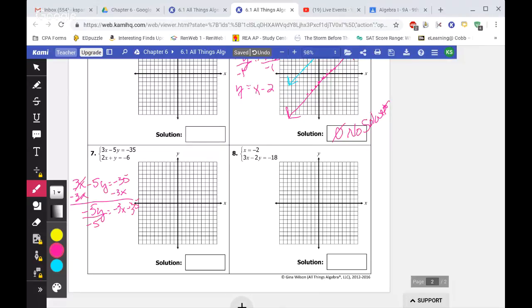So I'm going to divide both sides, or everything technically, by negative 5. And that gives me y equals 3/5 x plus 7. And this one, I'm just going to subtract 2x from both sides. So that would give me y equals negative 2x minus 6.